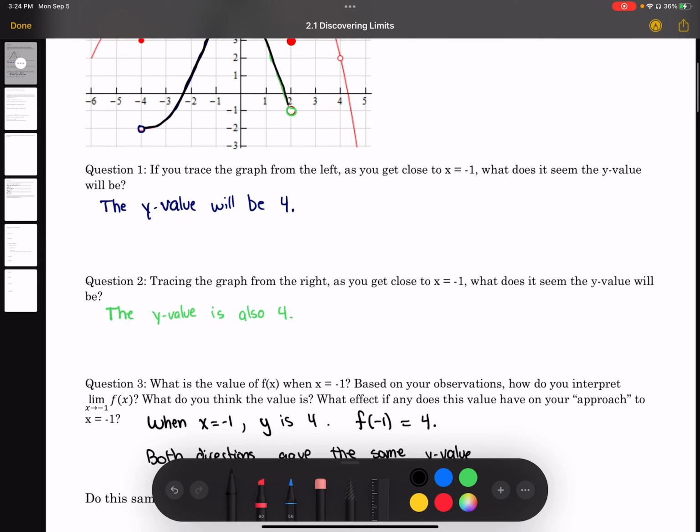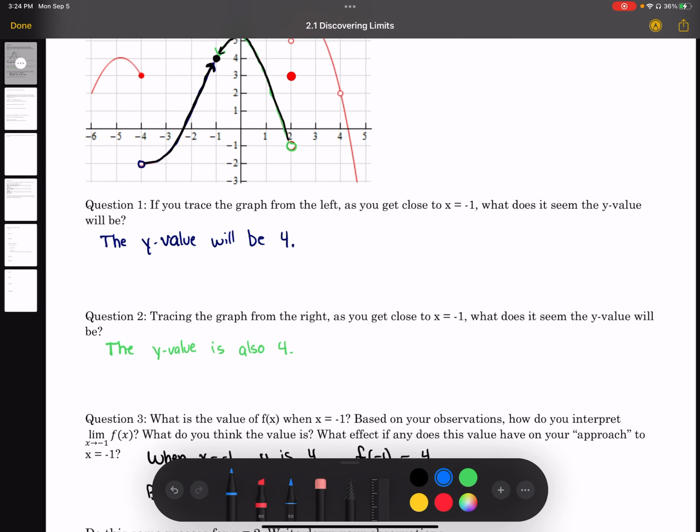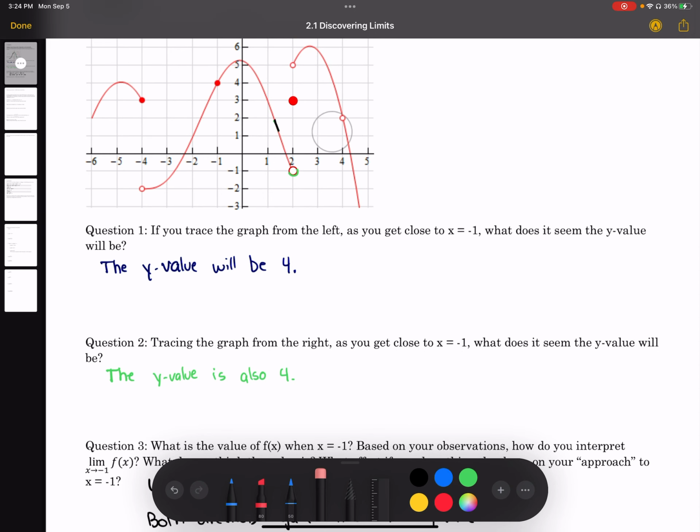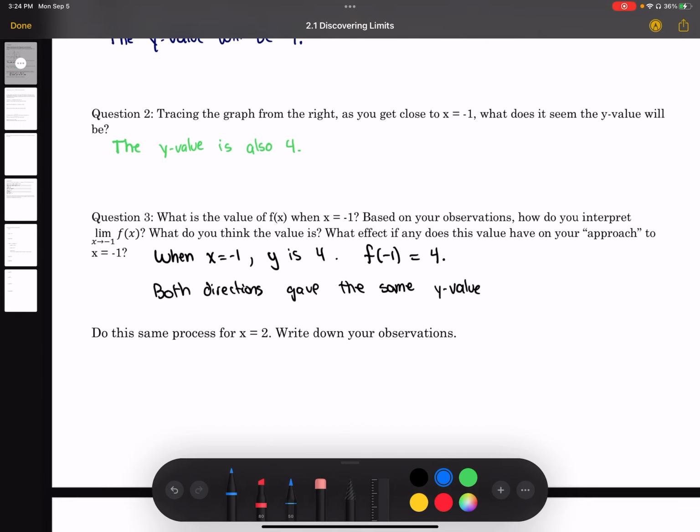Okay, so if you're rejoining me from pausing the video and doing the same process for x equals 2, let's see what we arrive at. Let's erase the graph for the -1 stuff and start over. If we approach 2 from the left, we'll start at like 1 point something, and as we move to x equals 2, it seems that the y value should be -1.